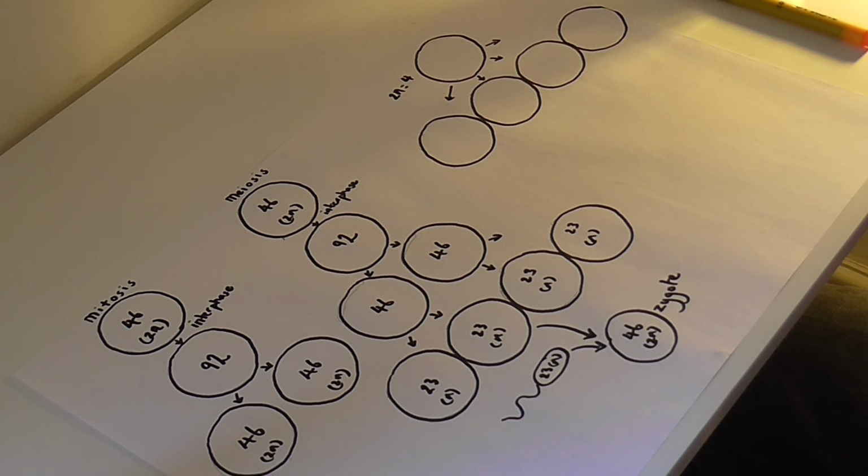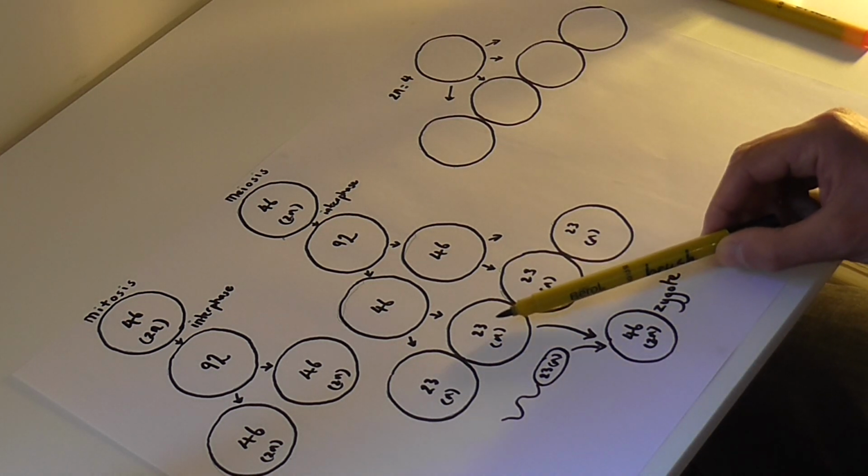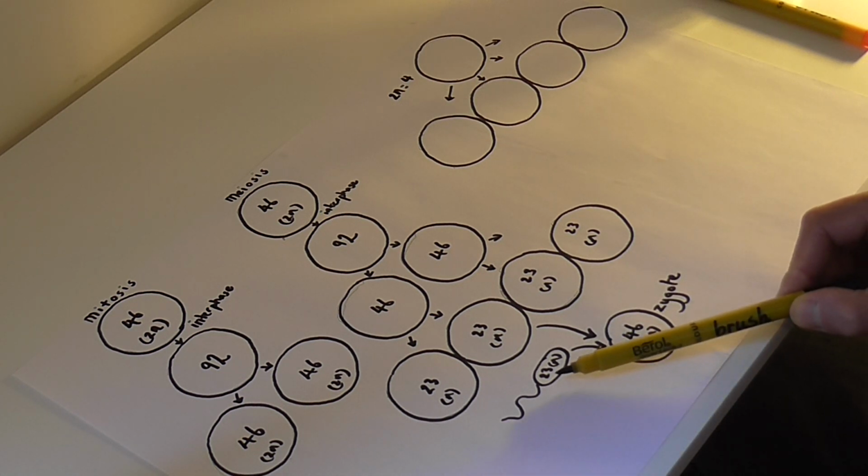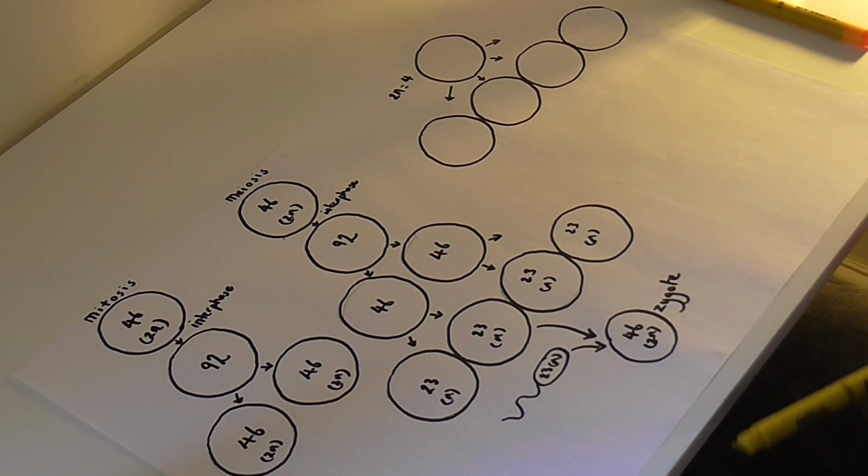To just help to illustrate the principle behind genetic variation being generated in the gametes, I'm going to use 2 different colours just to represent, within a homologous pair of chromosomes, the fact that you've got, as I said before, a maternal chromosome, so one of those chromosomes that you've inherited from your mother, and I'll use a different colour to represent a paternal chromosome, which you inherit from your father.